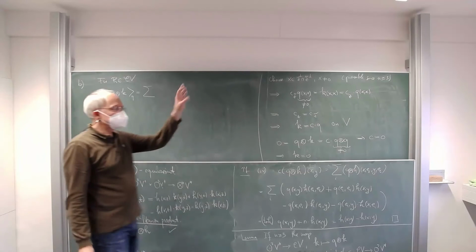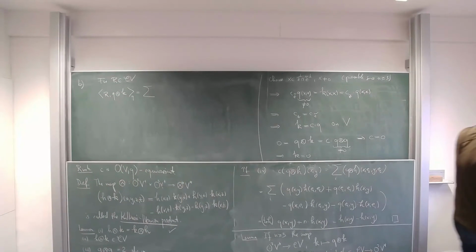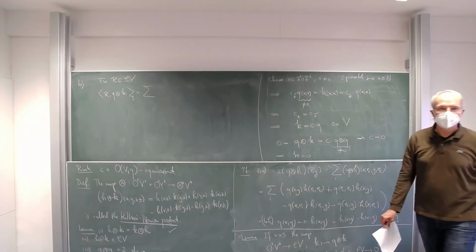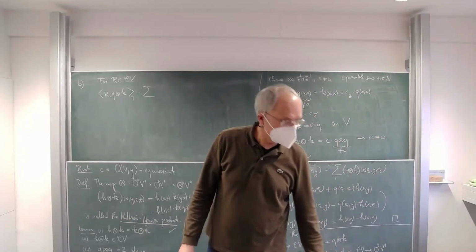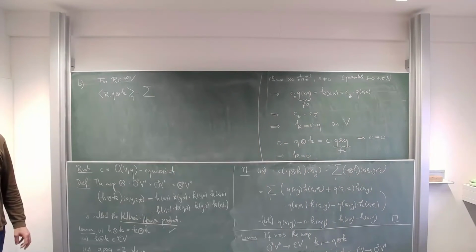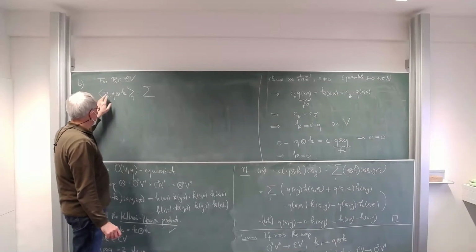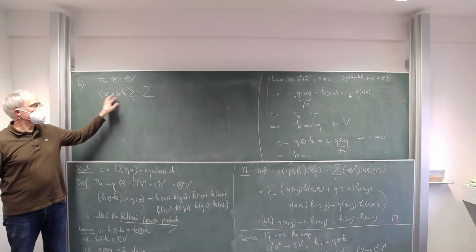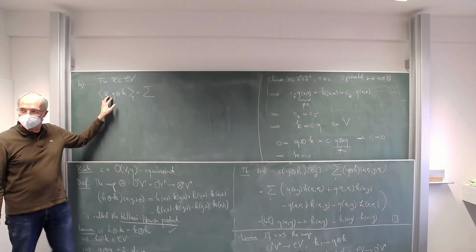If I have two 0,4 tensors and I want to compute their scalar product, how do I do that? Well, I take my orthonormal basis and I insert the vectors into these two 0,4 tensors, multiply the corresponding coefficients and sum over all possibilities. Right?